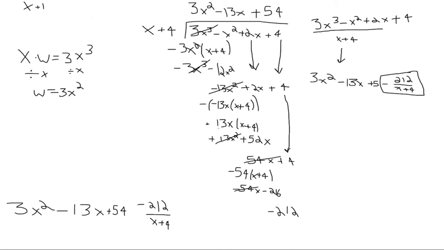So again, we can find out when we have a remainder by looking at the term with the highest exponent in the variable of what we're dividing by, in this case it's x, with an exponent of 1.